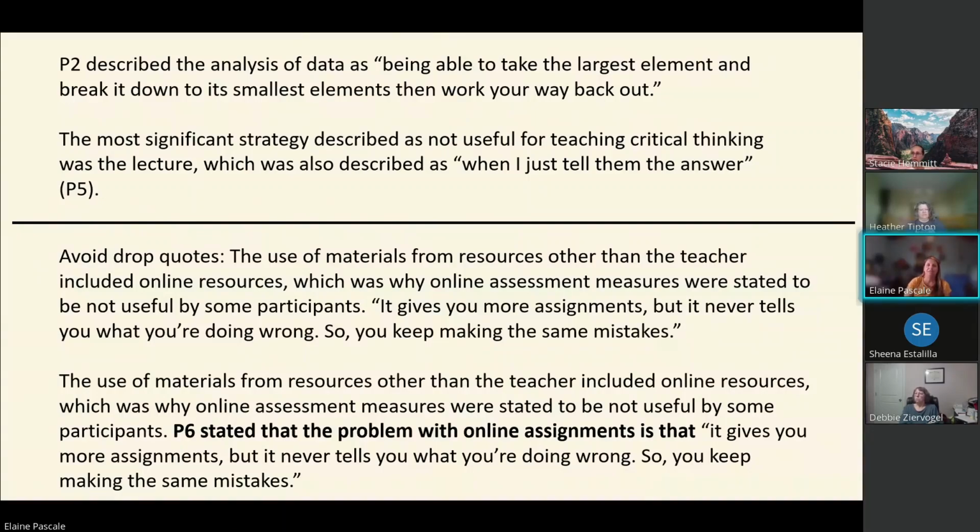If we look above this solid line, this is how you do the citations. The first one is a narrative citation, meaning we're citing in the sentence. P2 described the analysis of data as being able to take the largest element, blah, blah, blah. It's most common to use like P1, P2, P3 to mean participant.